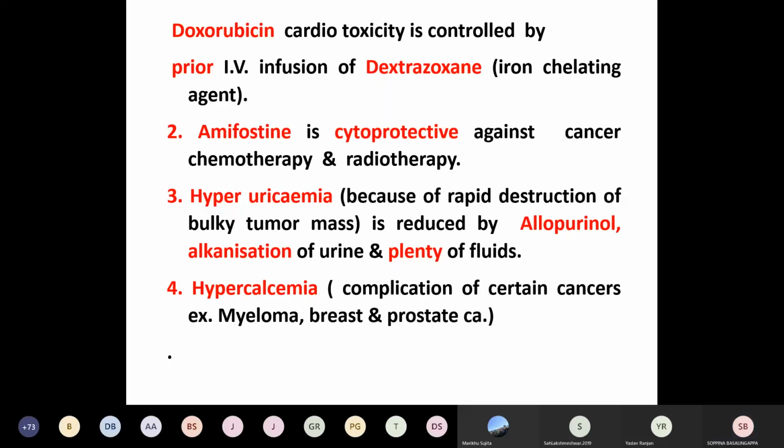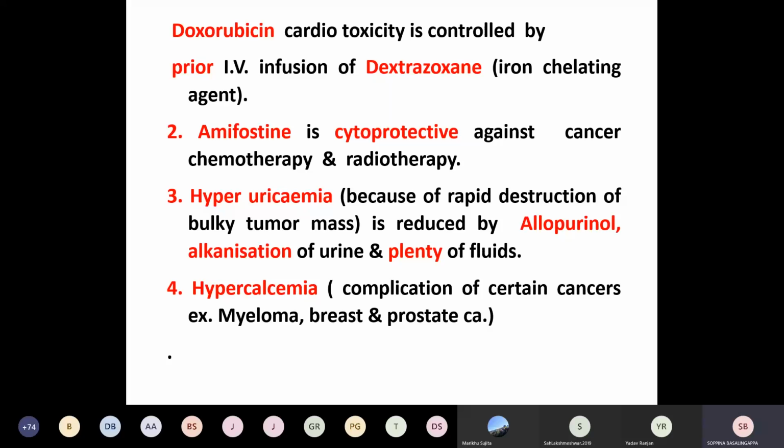Dexrazoxane: if given prior by IV infusion, this drug will prevent the cardiotoxicity produced by doxorubicin. Then cancer chemotherapy in general and radiotherapy in particular cause cytotoxicity, you know already.